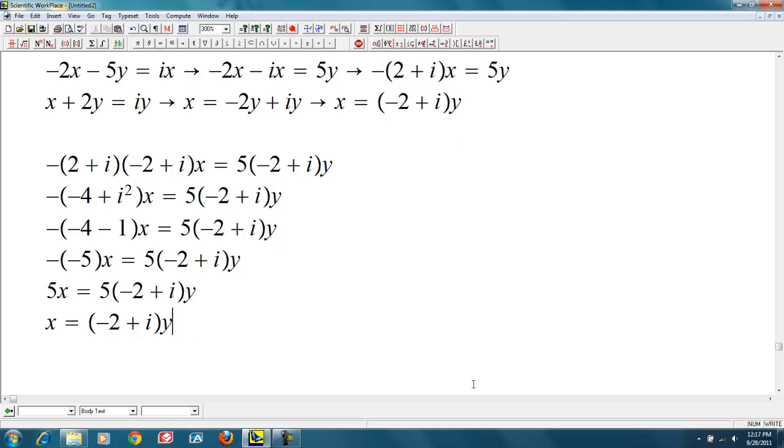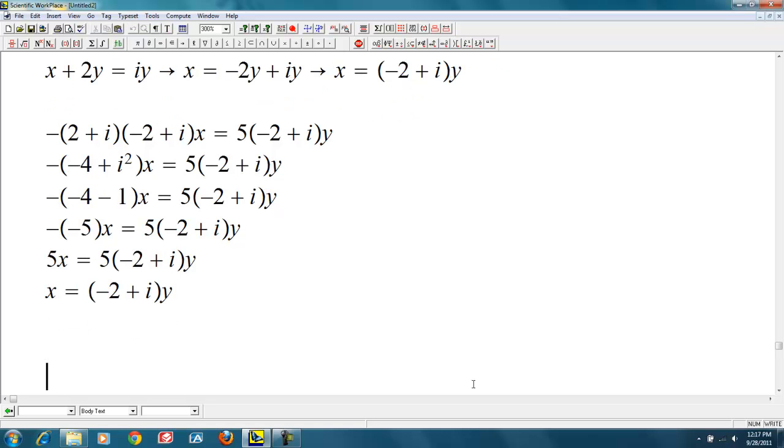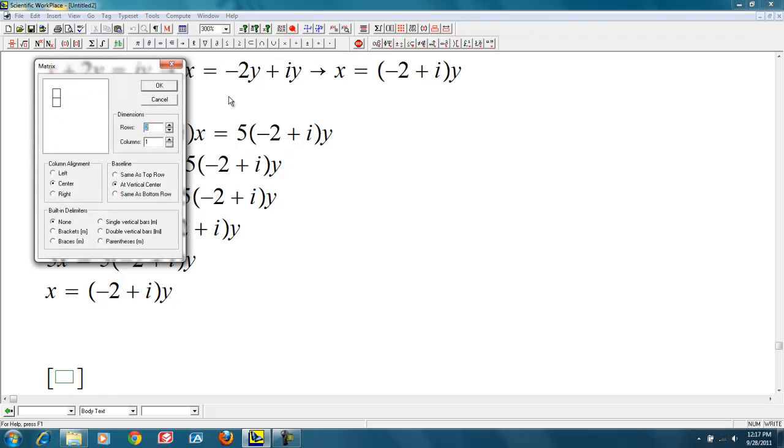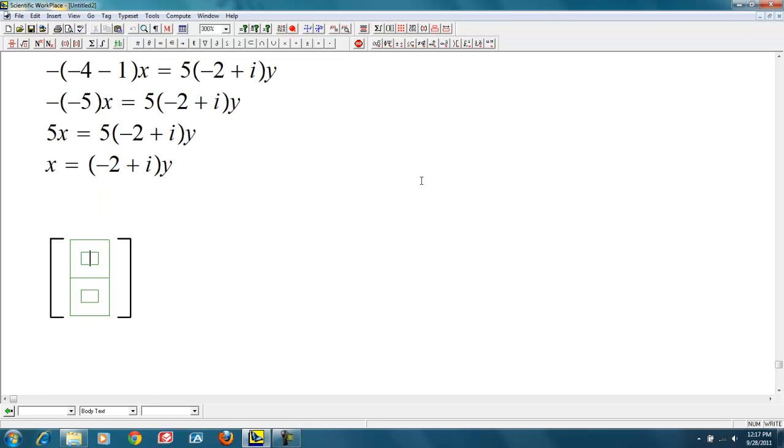Just like we multiplied the other one by a non-zero number, right? Okay, good. So now we are going to write the solutions, right? Before we go ahead, if I'm writing an eigenvector, what do I have? I have x, y, right?